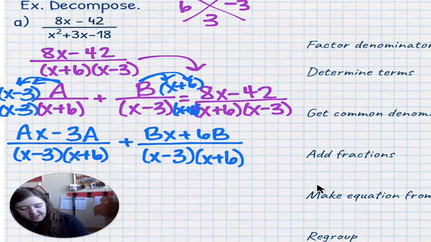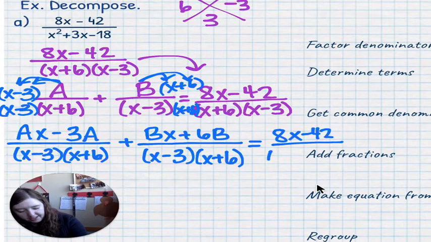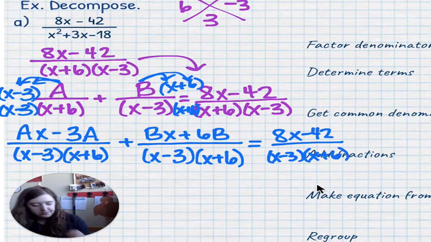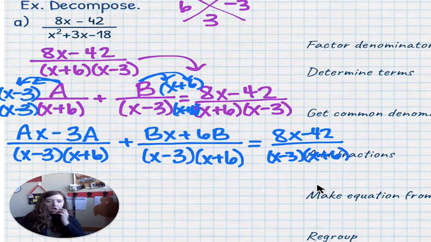And then we want that to be equal to 8x minus 42 over x minus 3, x plus 6. Although it feels kind of counterintuitive, once all of your denominators are the same, you're just going to ignore it.